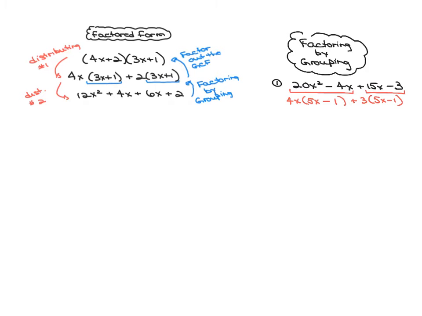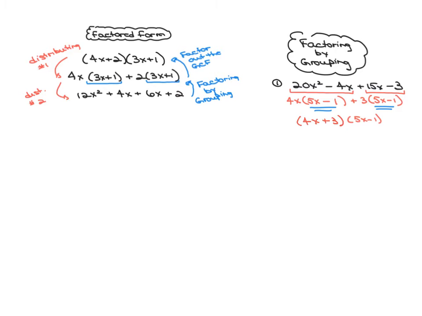And look at this, so cool. When we factor it out, they have a GCF of the binomial 5x minus 1. So I can factor out that 5x minus 1, and I'm left with the remaining factors, 4x plus 3. All right, factoring by grouping.